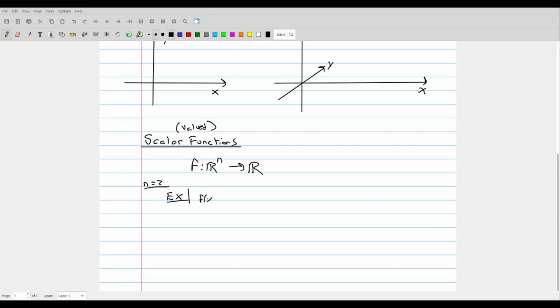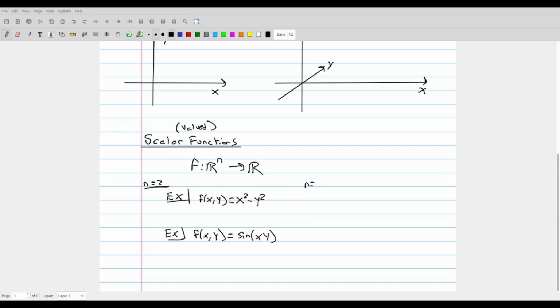We'll just do f of x, y is equal to x squared minus y squared, or say f of x, y is equal to sine of x times y, and you can come up with a number of different other examples. Same thing for n equals 3.